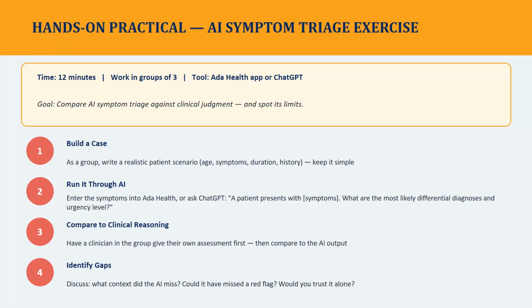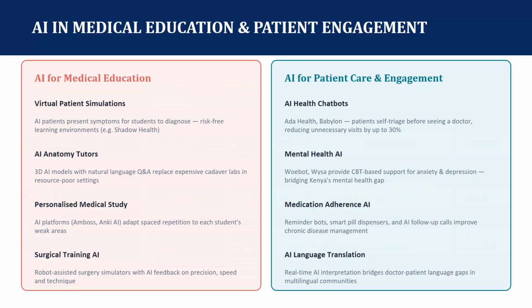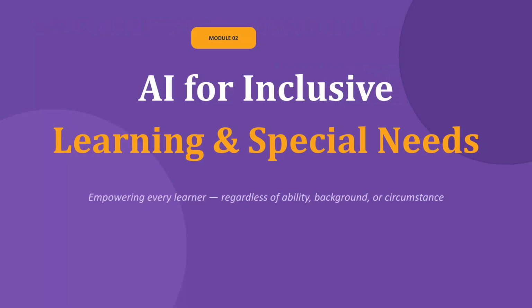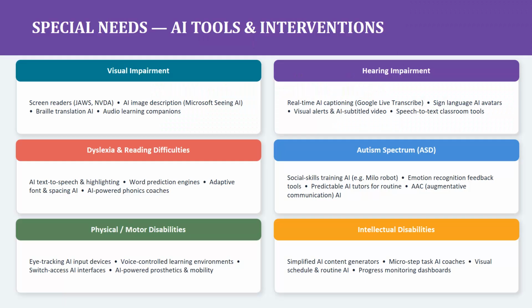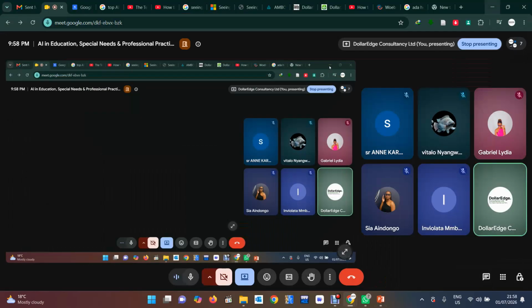So I wish to end my session there for today, so that you can go and interact with these notes, and then interact with all the tools that we have suggested inside here for AI in healthcare, and AI for inclusivity, learning, and special needs, so that we can have a better and clearer understanding of those concepts.